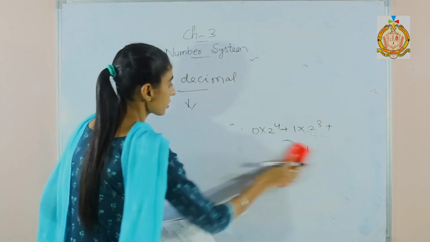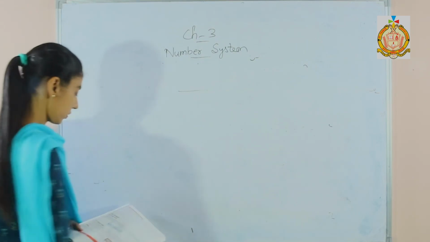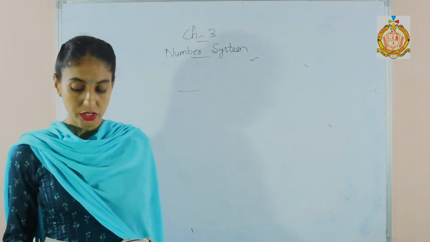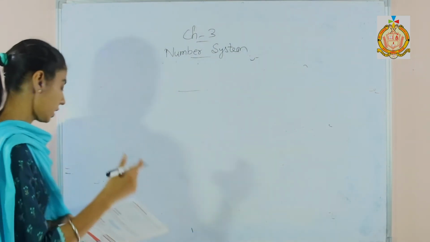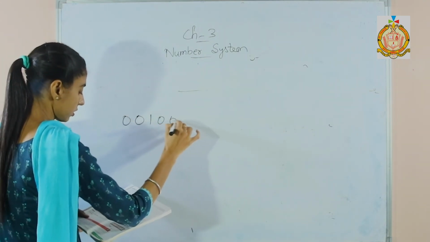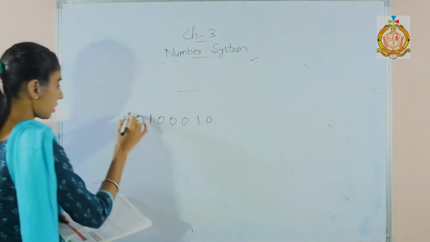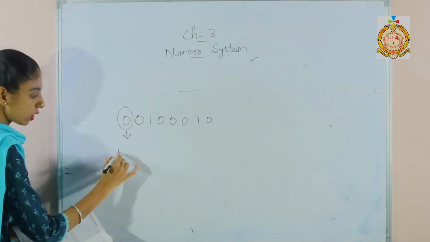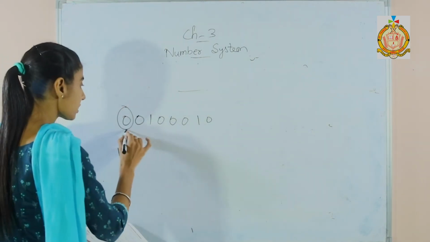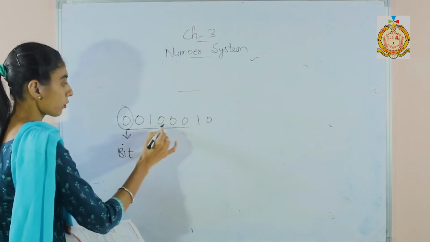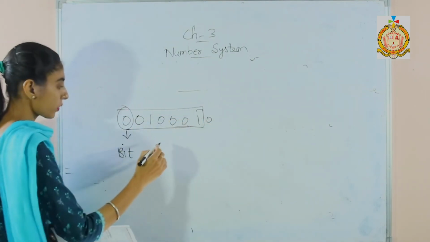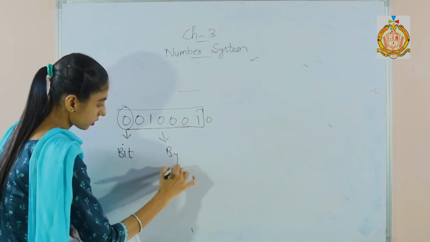Next one, last one is: what is a bit? A bit is the smallest unit of computer processing, 0 0 1 0. The smallest unit is called a bit, and a group of 8 bits is called a byte. 1 2 3 4 5 6 7 8. This group is called a byte.